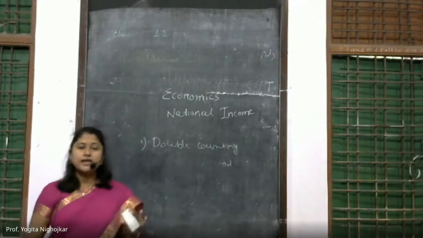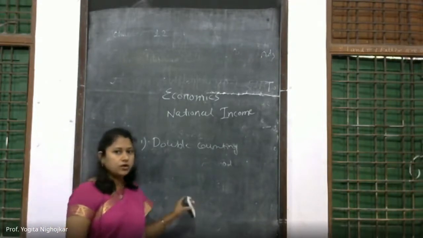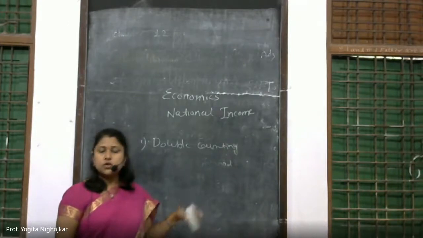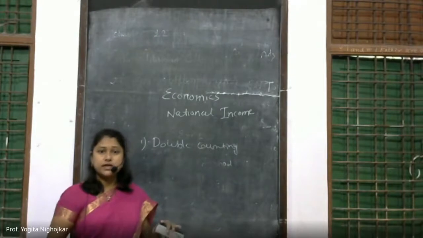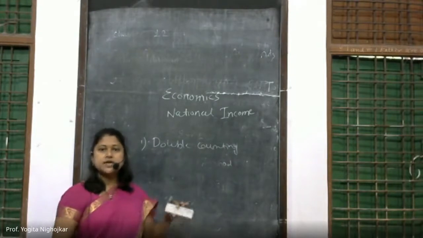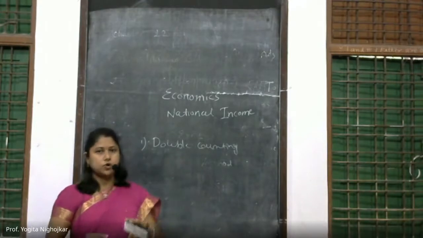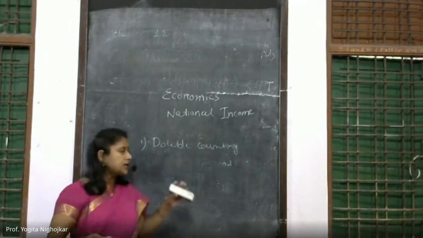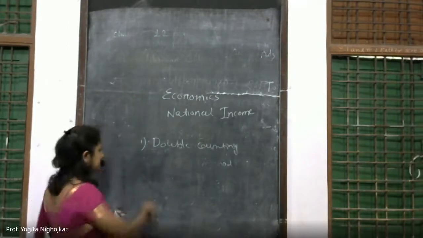Expenditure on all intermediate goods and services should be ignored. Why is it ignored? To avoid double counting. Double counting means counting the value of the same commodity more than once. That is double counting.